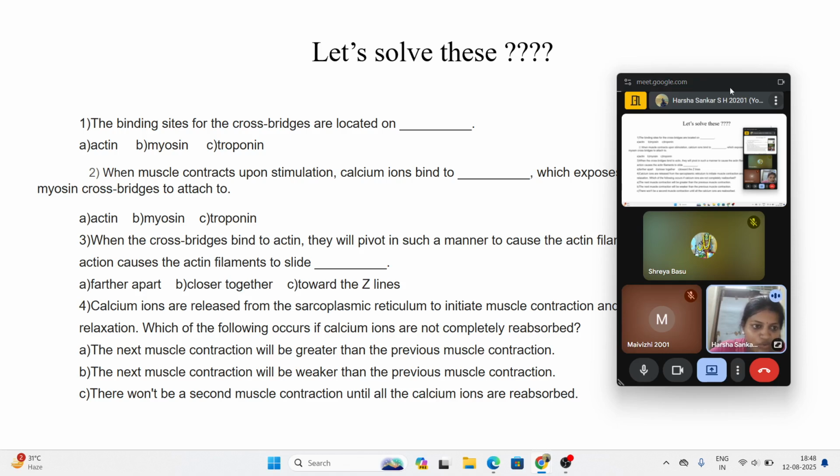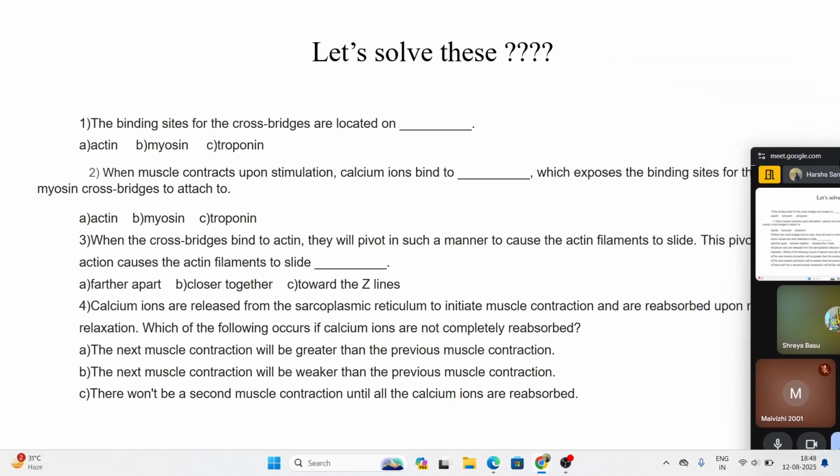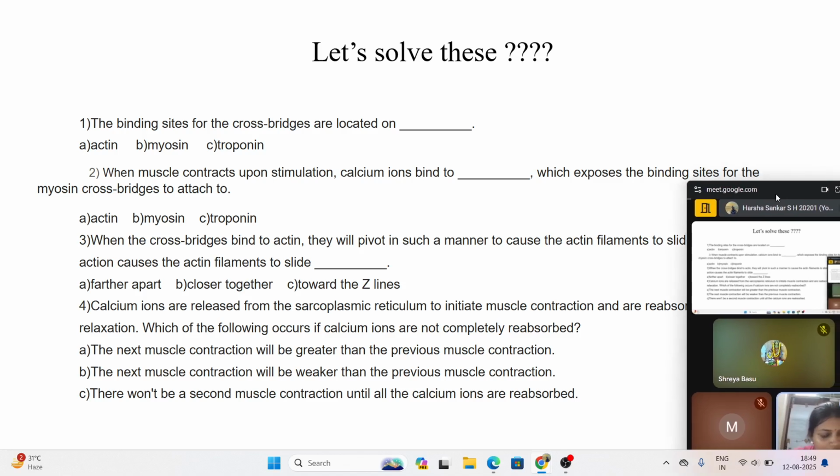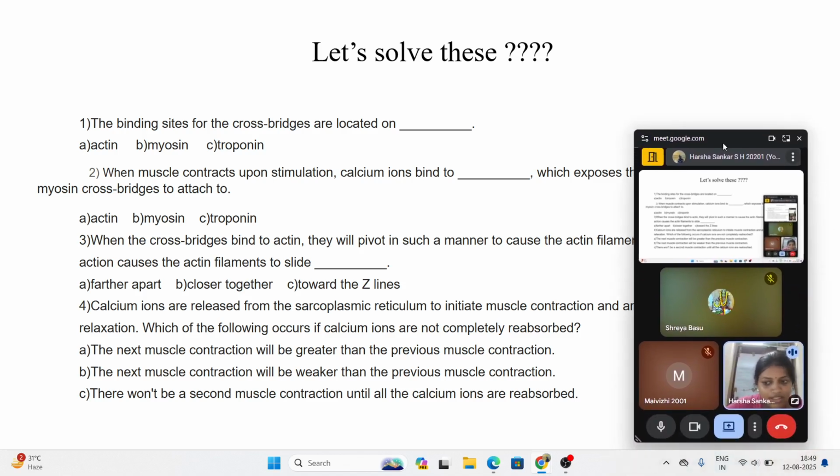After that, due to that binding, the active site gets exposed and as a result, myosin is able to form cross bridges. But the question is, where is the calcium ion binding to? Actin, myosin or troponin? What is the correct answer?